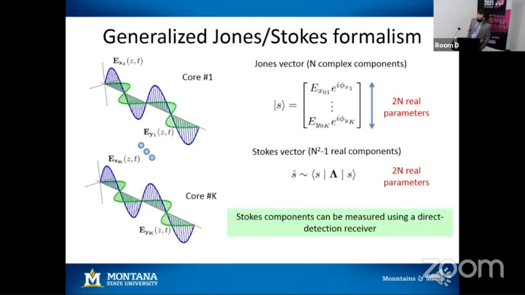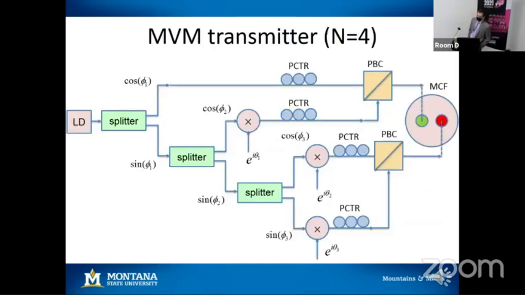Okay, we can measure the Stokes components again using a direct detection receiver. Actually, we'll use a transmitter that materializes the Jones vector, and we'll use a receiver that detects the equivalent Stokes vector. So here is an implementation for a 2 single mode core multi-core fiber, which you can see here. And this contraption in the front is to create the Jones vector.